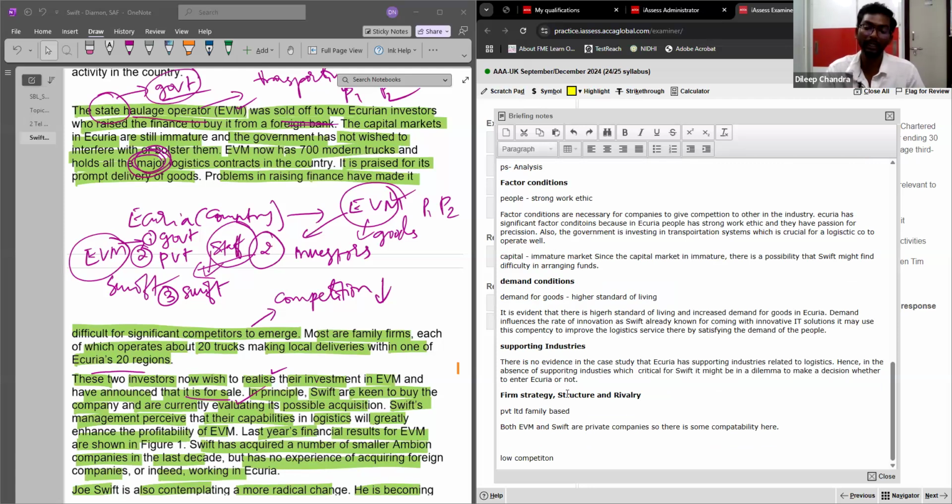Let's suppose I'm not able to develop this point, let's suppose I'm not able to see what can be the impact if they're both private limited, what is the advantage that this company can get? Let's suppose I'm not able to think about that. I'll talk about rivalry. Low competition is there, right? Why is there low competition? What made this competition so low?